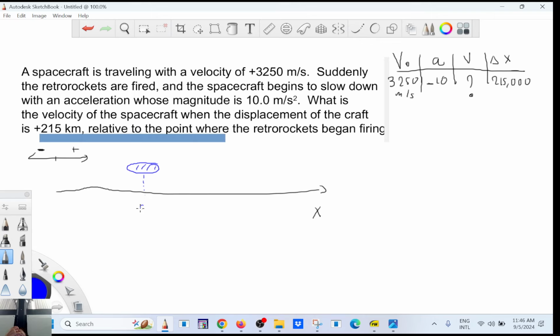So I can put 0 here, doesn't matter. So acceleration is -10, so it's gonna slow down. Every second is gonna move slower.